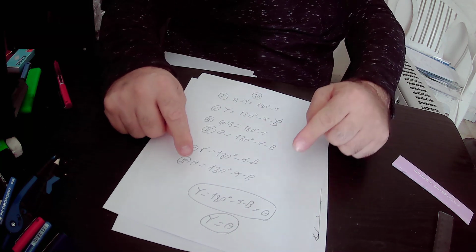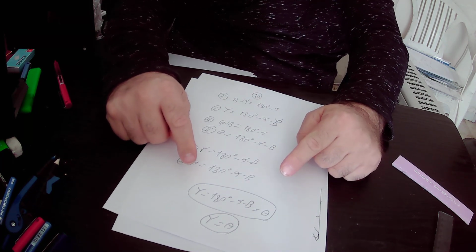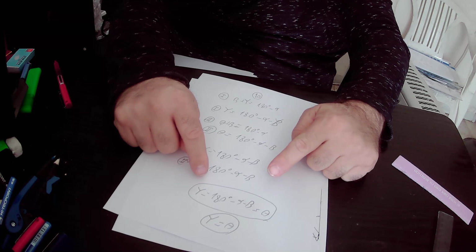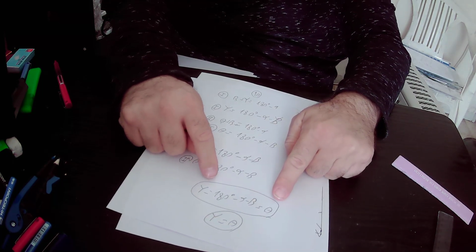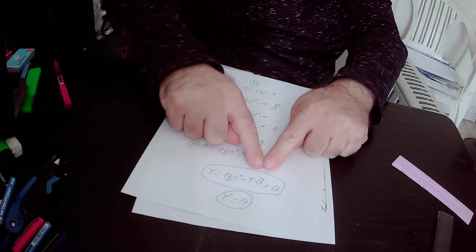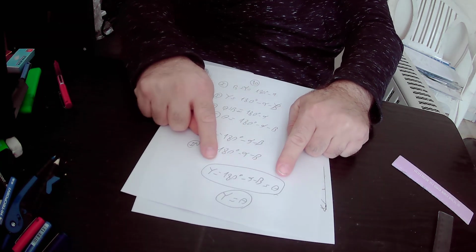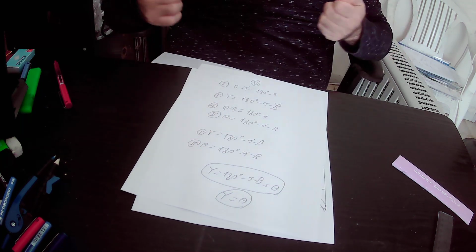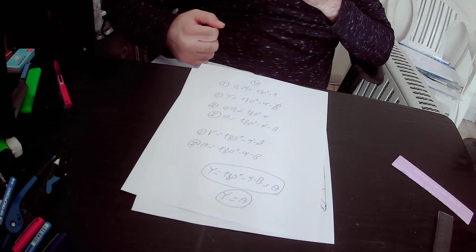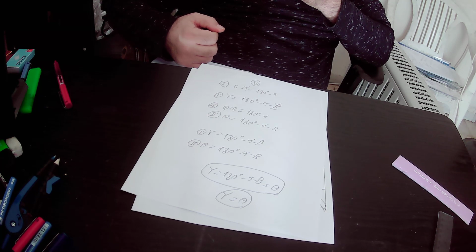So therefore we found out that angle gamma equals 180 degrees minus alpha minus beta, and angle theta also equals 180 degrees minus alpha minus beta. From this equality we can derive that angle gamma equals angle theta. In this way we actually proved that the third angle theorem is true.